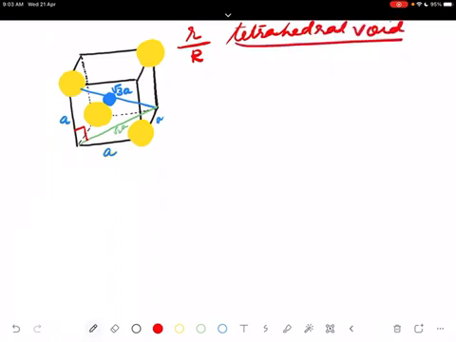Now, two equations I am going to make. The smaller void, its radius is small r, and that yellow sphere, that bigger atom with which the crystal lattice is made, its radius is capital R.